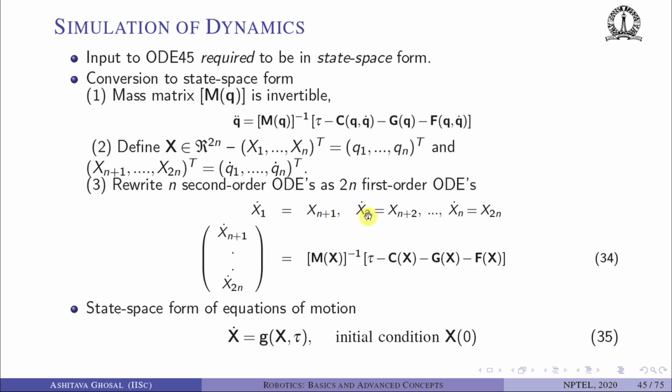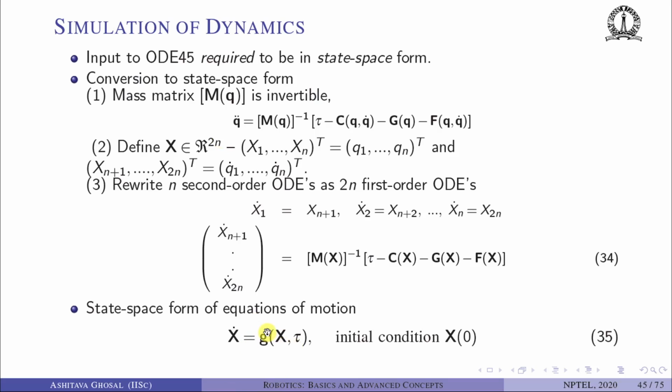Combining these n equations and another n equations, we get 2n first order equations, which can be written in the form x dot equals g of x comma tau. Remember, x contains the q's and also the q dots. It has 2n variables.